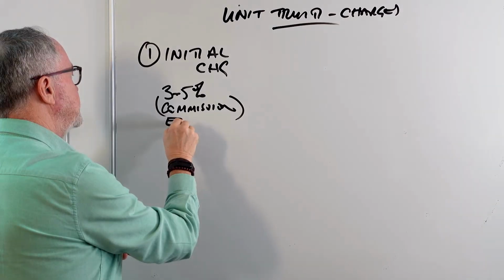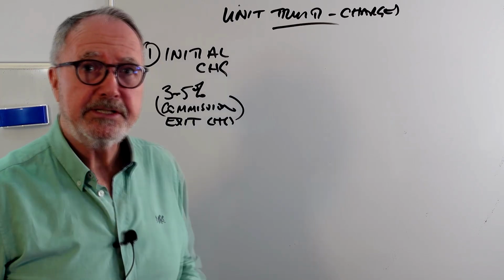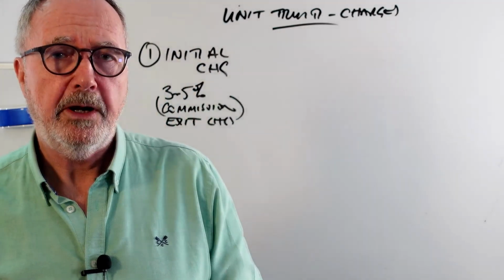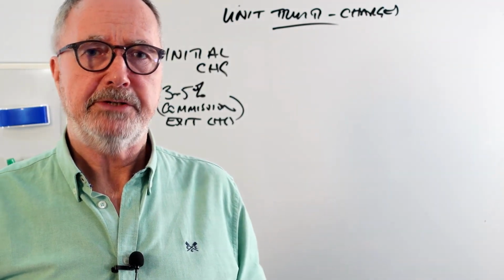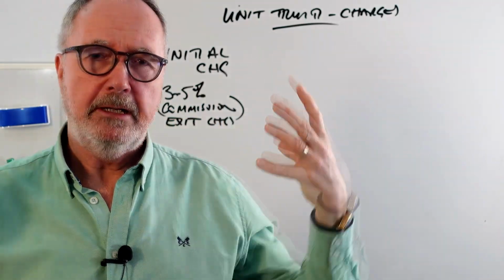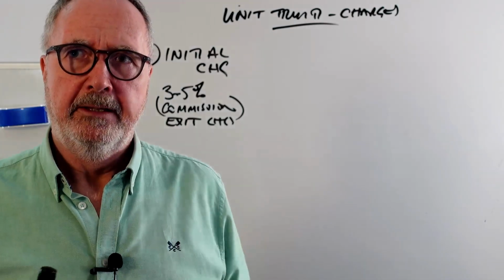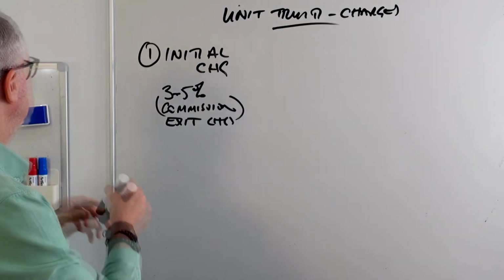And you might get exit charges as well if it's a particularly specialist unit trust or OIC. So that's your initial charge, which is quite a hefty charge in some situations. But since RDR, they have to have these prices clean and unbundled now. There's no commission baked into any of these types of prices. So that's the first one there for you.